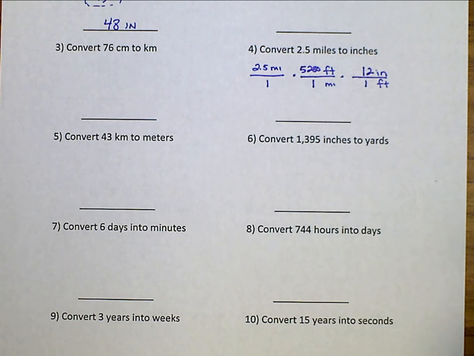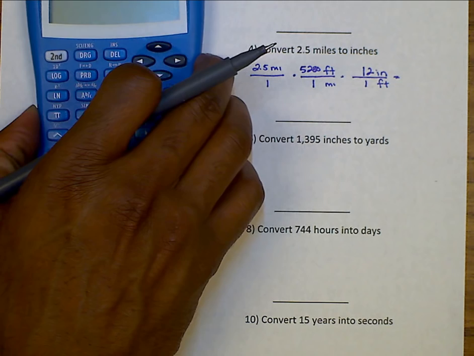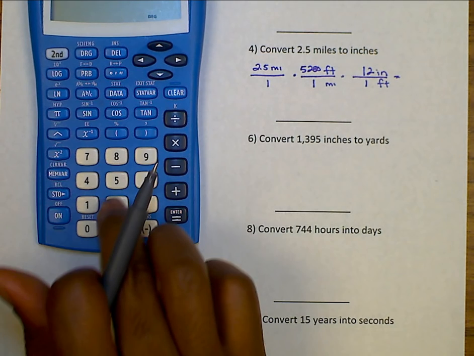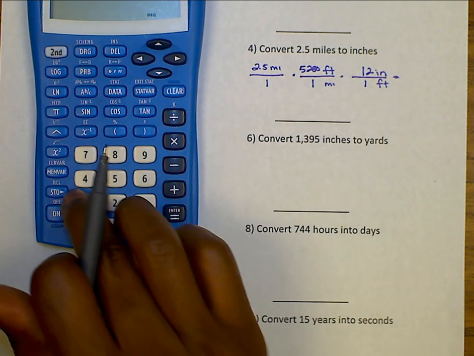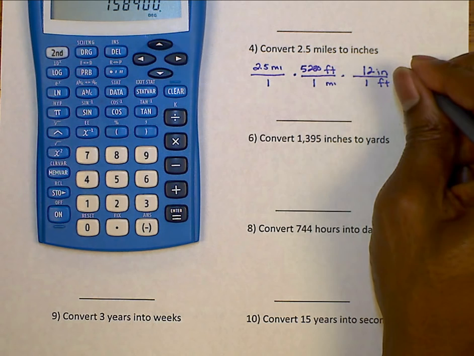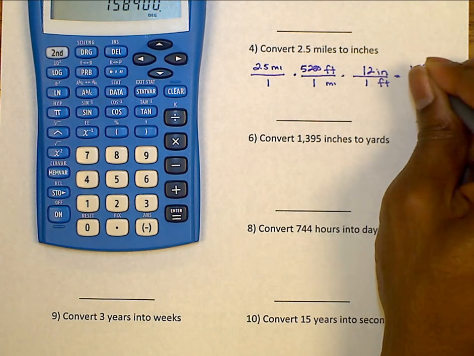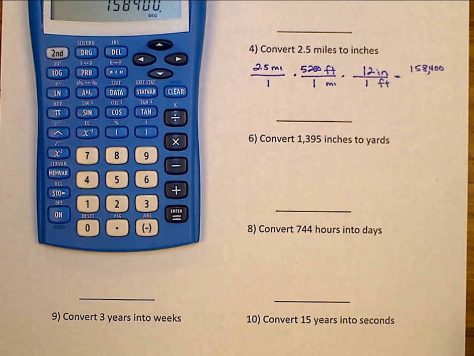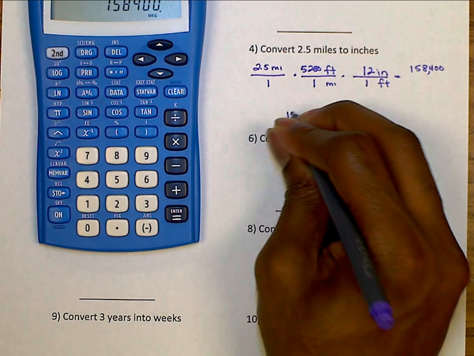And so now I have my problem all set up, and I'll use my calculator to do that. 2.5 times 5280 times 12. And that gives me 158,400. So, how many inches are in 2.5 miles? 158,400 inches.